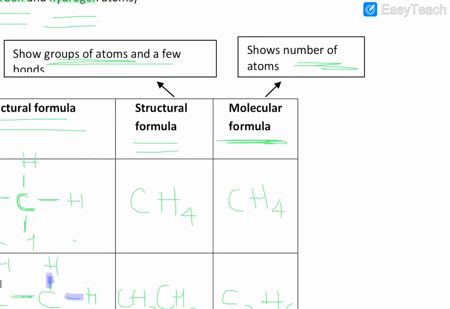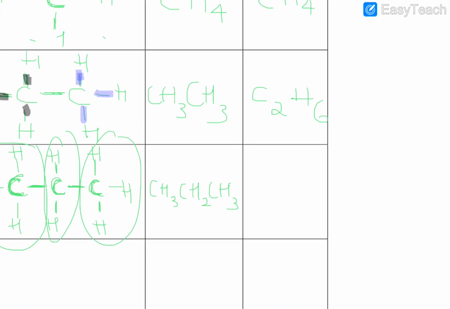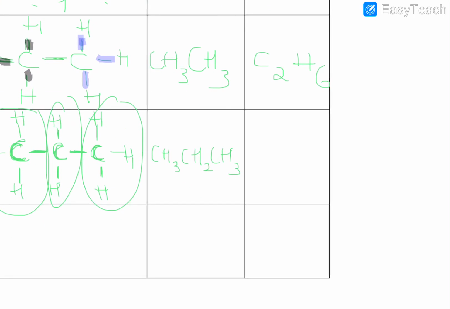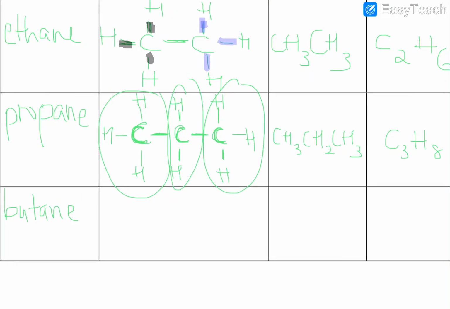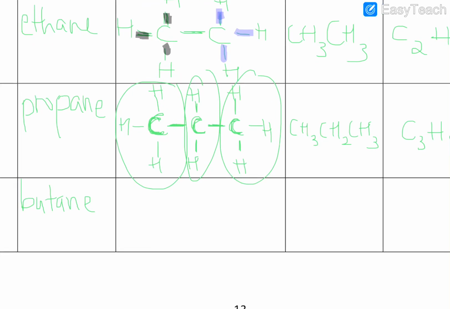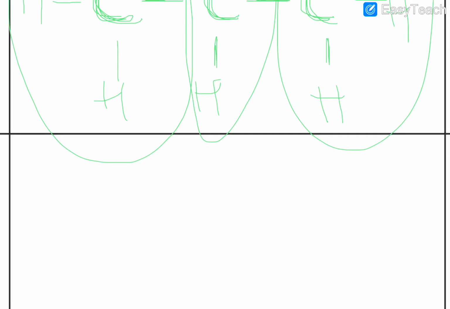And then the molecular formula, which shows the number of atoms: how many carbons do we have? 3 carbons. How many hydrogens? 8 hydrogens. So that's the formula of propane. Whenever you are asked to draw propane, propane always looks like this. It's fixed.